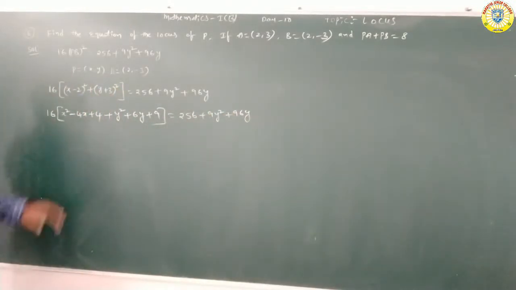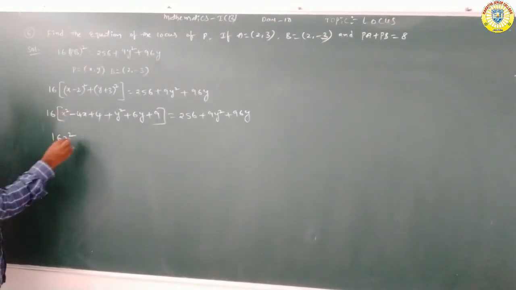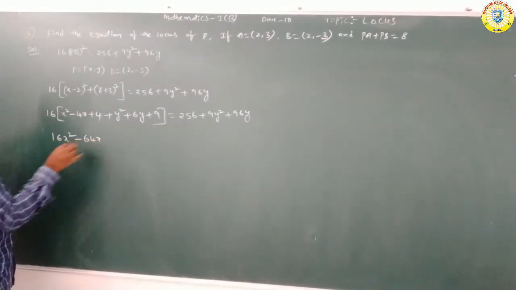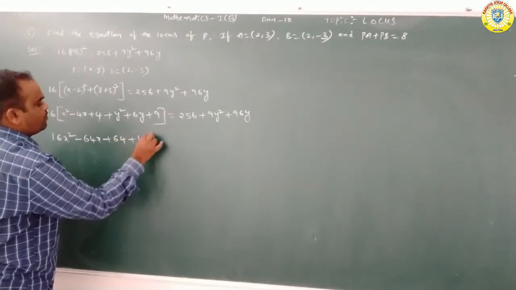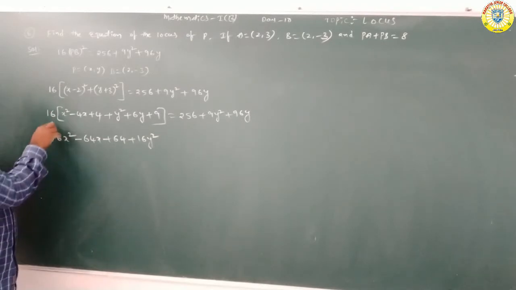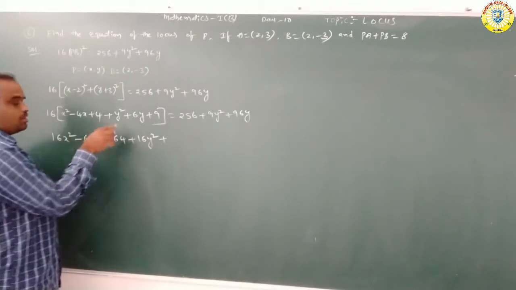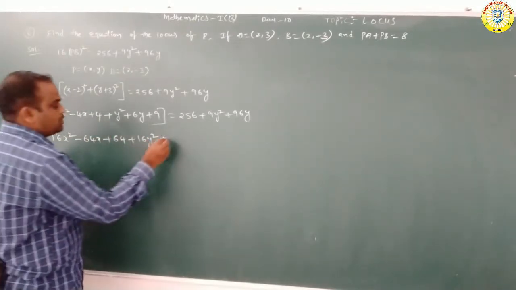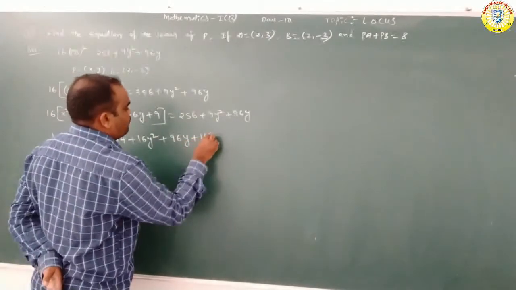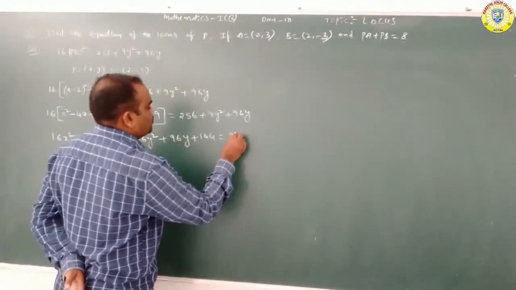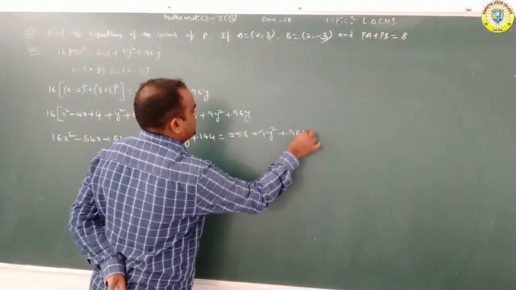Now this value is multiplied with the inside. 16x square, 16 into 4 is 64x, plus 64, plus 16y square. 16 into 6 is 96y. 16 into 9 is 144, is equal to 256 plus 9y square plus 96y.